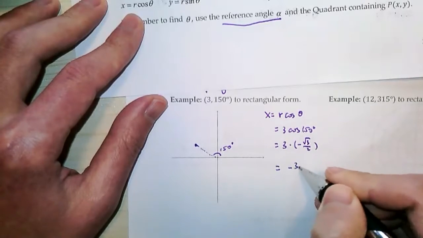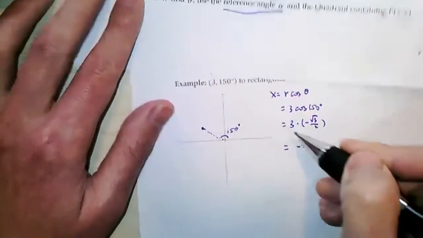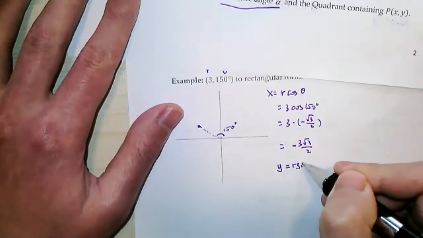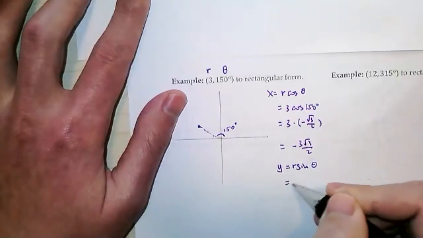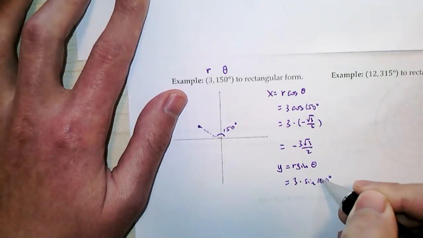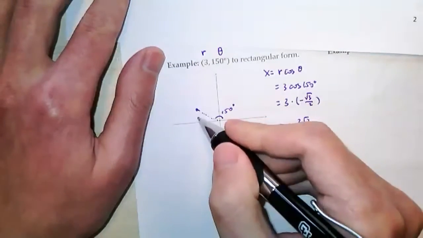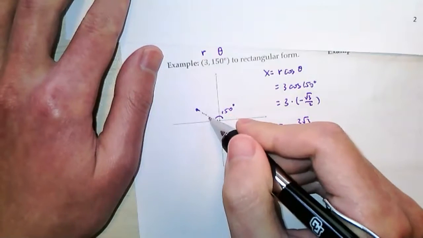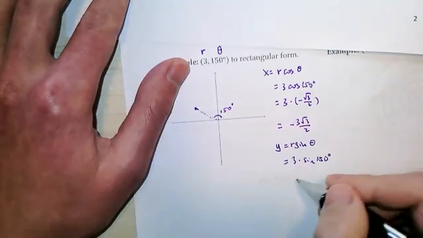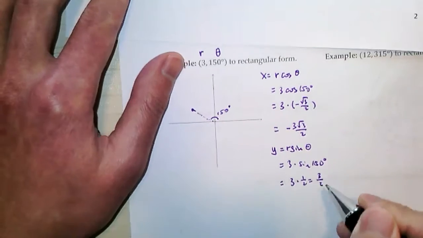So eventually you have negative square root of 3 over 2. Okay, so we found the x-coordinate already. We also need to find the y-coordinate. Sine 150 is the y-coordinate. Still, you are using the same reference angle, 30 degrees. So this is equal to 3 times sine 30, which is 1/2, giving you 3 over 2.